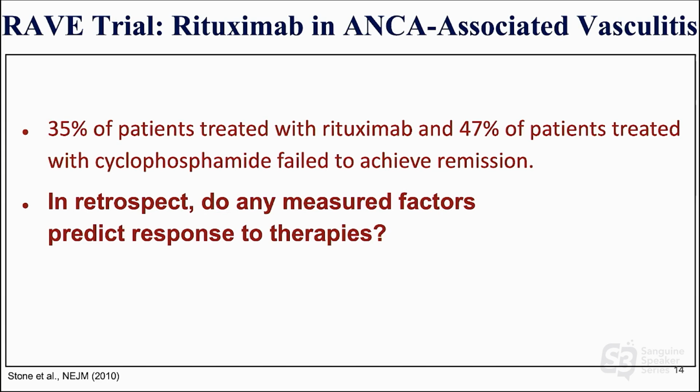So retrospectively, do any measured factors predict the response to therapy? Can we find out from this raw data submitted what might predict response to therapy and why these patients didn't achieve remission?